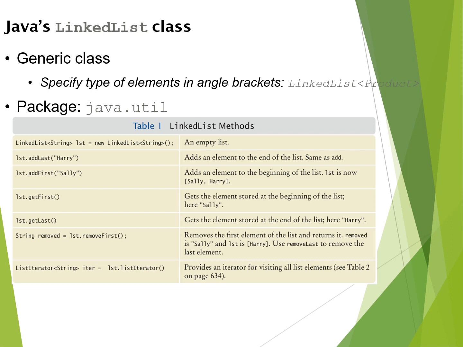List iterator provides an iterator for visiting or traversing all the elements or all the nodes in the list. So when we call this method, it returns a list iterator of strings. We'll talk about this list iterator class, which is a generic class, later, but all you need to know for now is linked list has a method called list iterator.